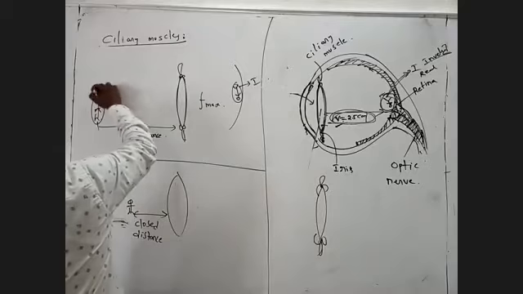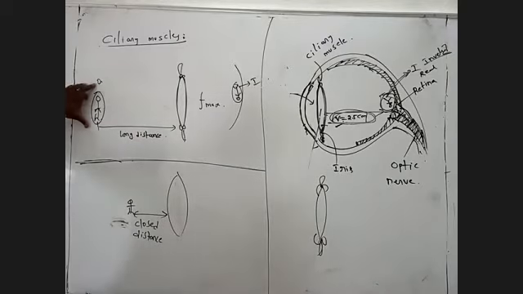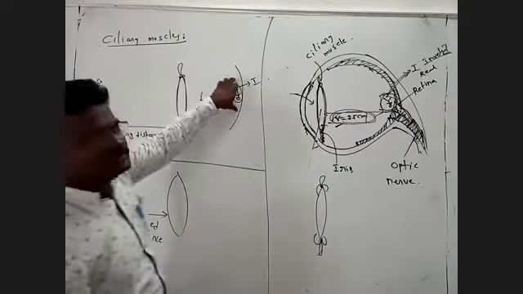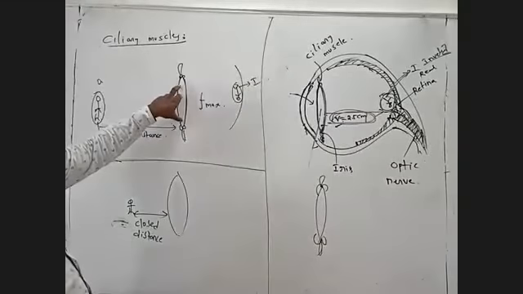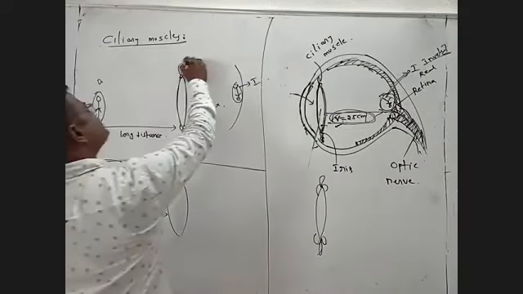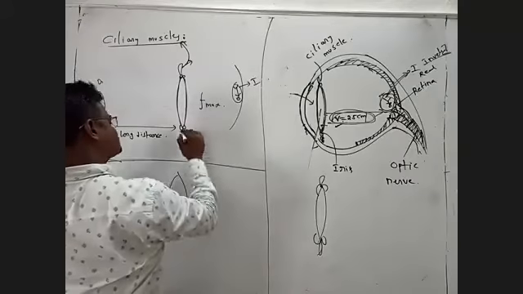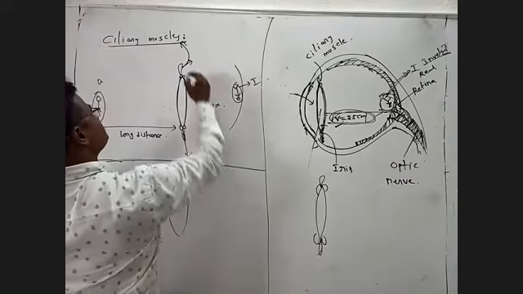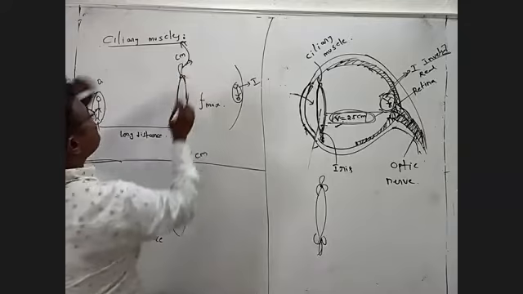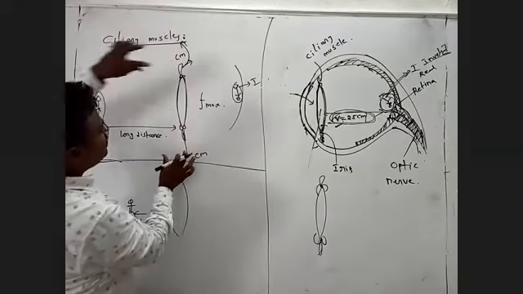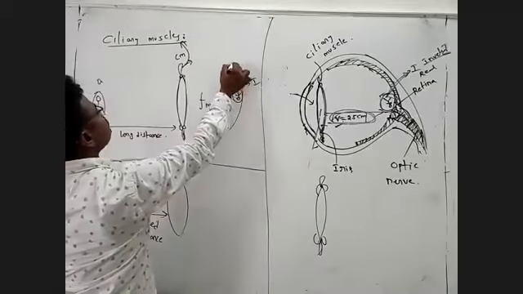This is the object, this is the image, this is the lens, and these are the ciliary muscles.